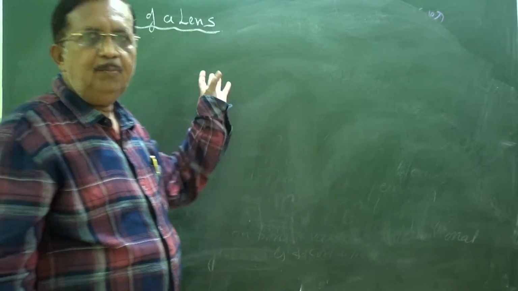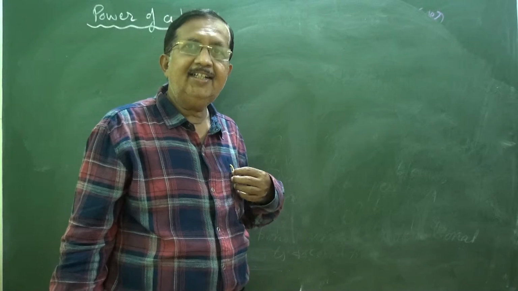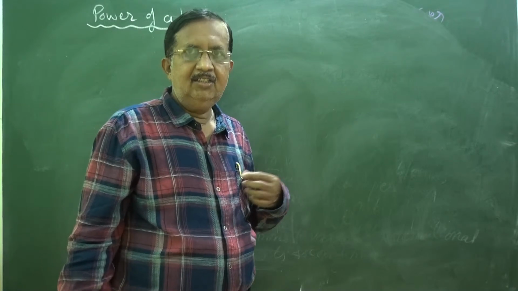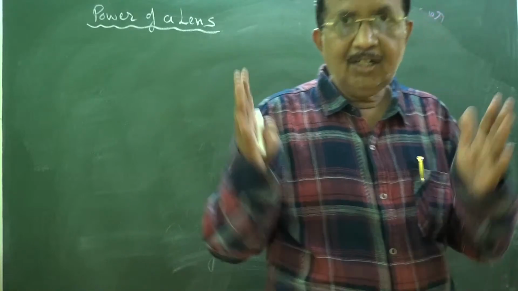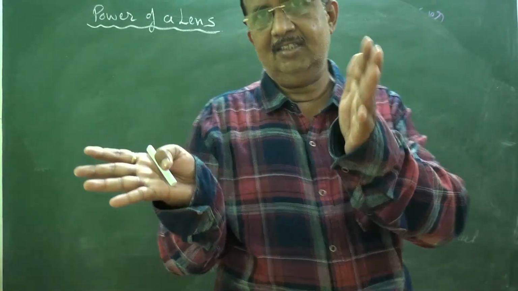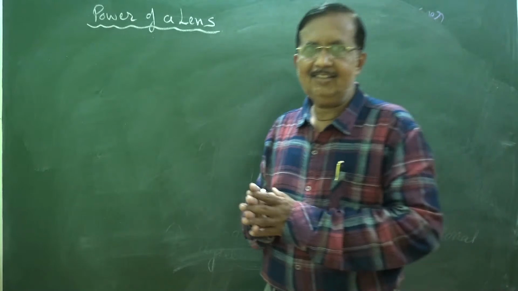Now, what do you mean by the term power? The ability of a lens to converge or diverge the light rays.